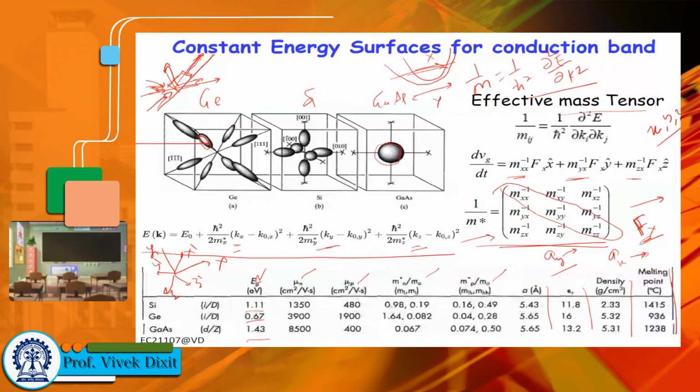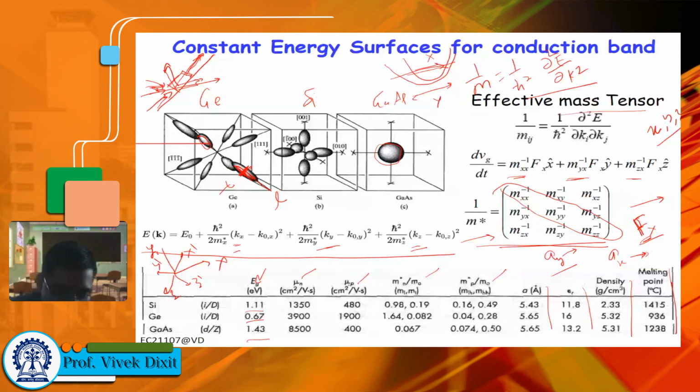So along the longitudinal direction, mass will be less or more? Along the transverse direction, so which mass will be more, longitudinal or transverse? Curvature is less along the longitudinal direction. Along the transverse, curvature is more sharp. So longitudinal mass will be more.